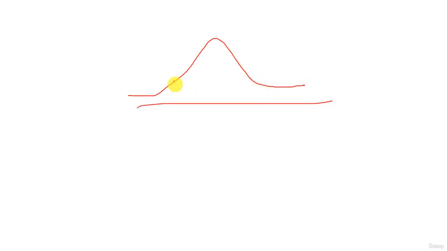Now how to check if the data follows Gaussian distribution or not? For that, you can use the concept called a histogram. You can plot the histogram, and if the histogram looks something like a bell-shaped curve, something like this, where your data will have multiple bins, then you can use this standard scaling approach.